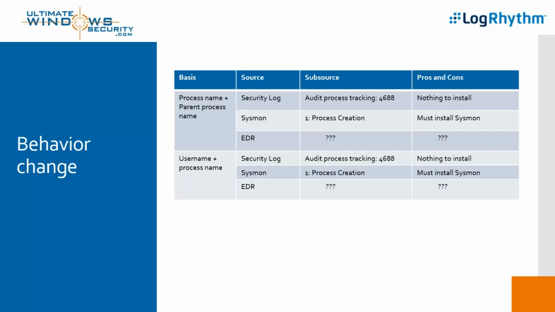Maybe there's nothing malicious about Microsoft Word, and maybe your users use remote desktop. But if you see Word starting remote desktop, now that is weird, right? And you can do that with event ID 4688, or you can use sysmon process creation events for that.